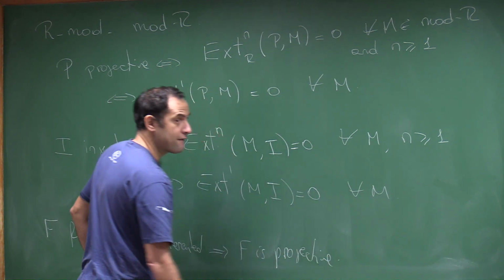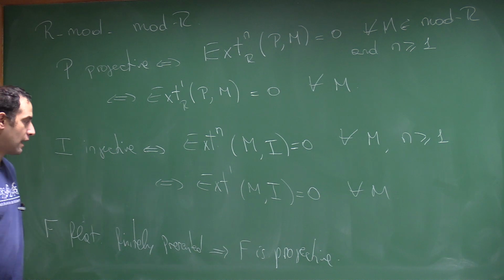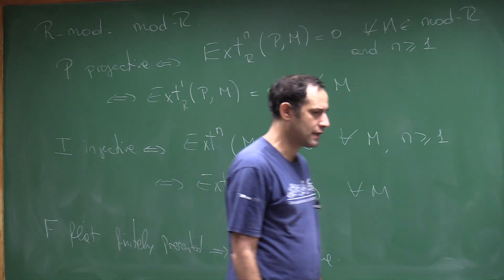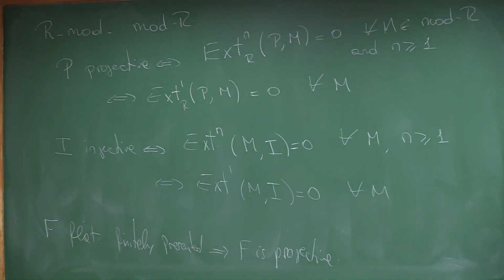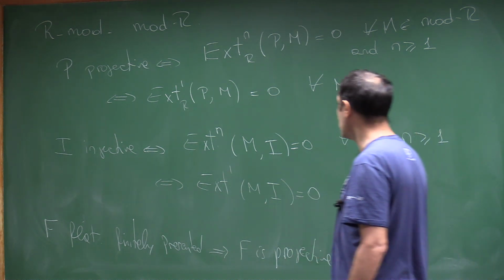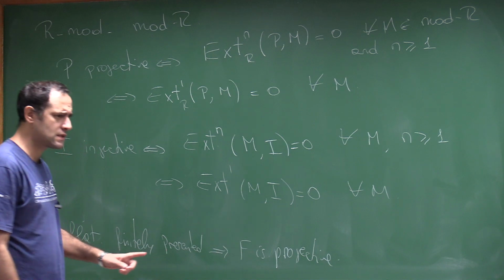In particular, if F is flat and finitely generated and the ring is Noetherian, then F is projective. And projectives are flat, so that's clear too, without any finite generation. So this we needed too.